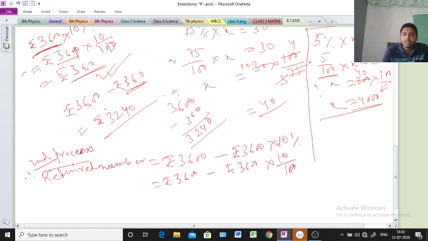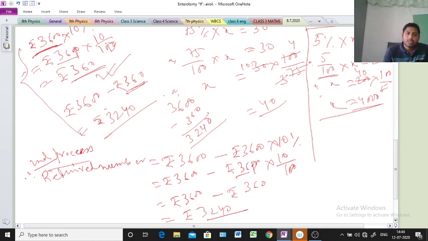Clear? So 00 will be cancelled, 00 will be cancelled. That means we are getting rupees 3600 minus rupees 36 into 10, 360, and after subtraction what do we get? 3240. This is the answer. Clear? This is what we get directly. Otherwise this process also you can do. Any process you can do, but the same thing will come.